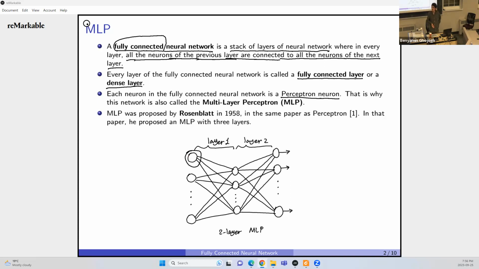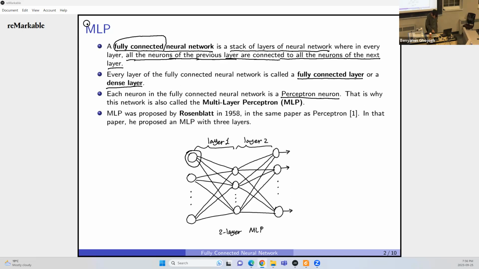Why? Because simply perceptron won over the competition against Adaline. Perceptron was developed at Cornell University and Adaline at Stanford. So in terms of neural networks, at least Cornell won. Otherwise, nowadays we would have multi-layer Adalines or Madalines.